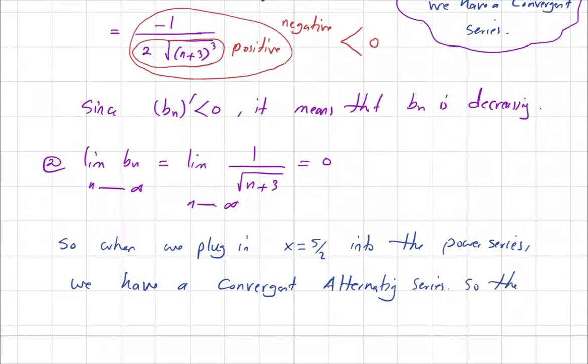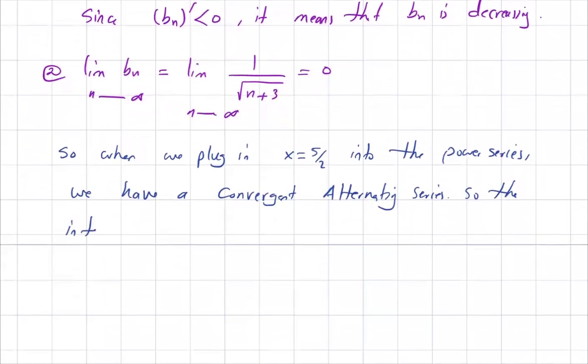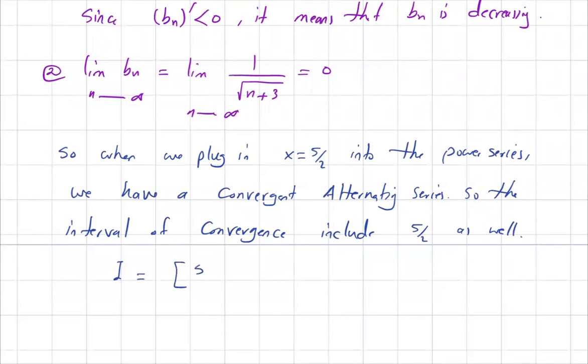So the interval of convergence so far includes 5 over 2 as well. So far the interval of convergence is the half-open interval, closed at 5 over 2 and open at 7 over 2. Now what about 7 over 2?